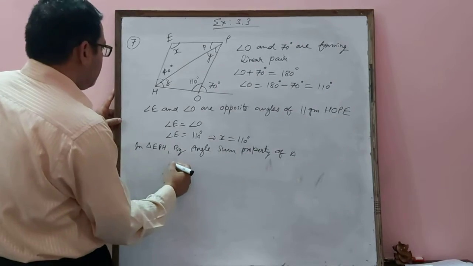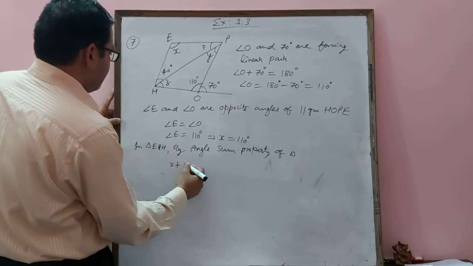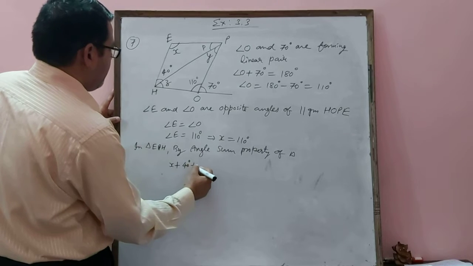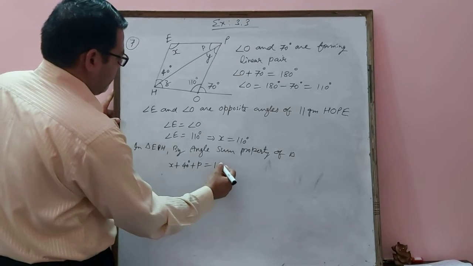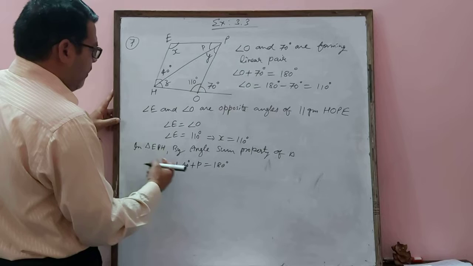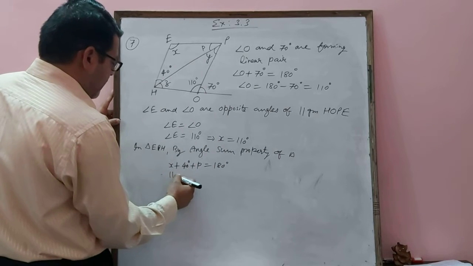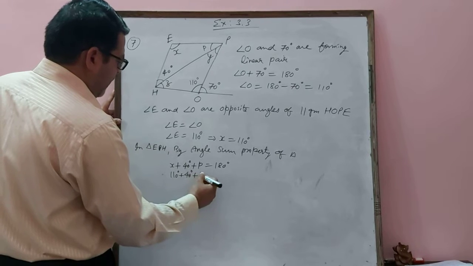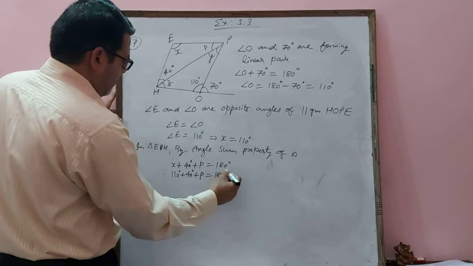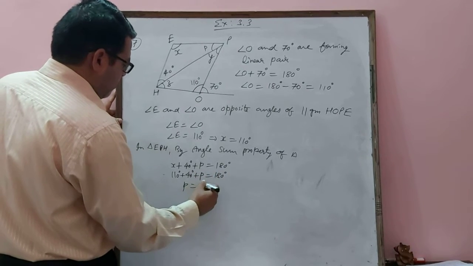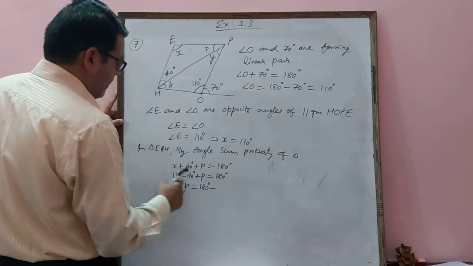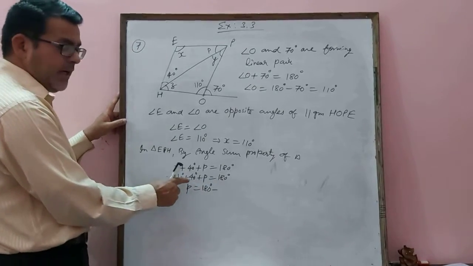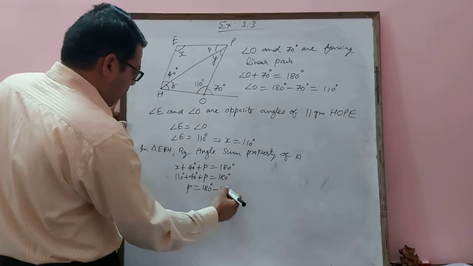So X plus 40 degree plus P equals 180. We know the value of X, it is 110, plus 40 plus P we have to find. Therefore P equals 180 minus, after adding 110 and 40 we have 150.